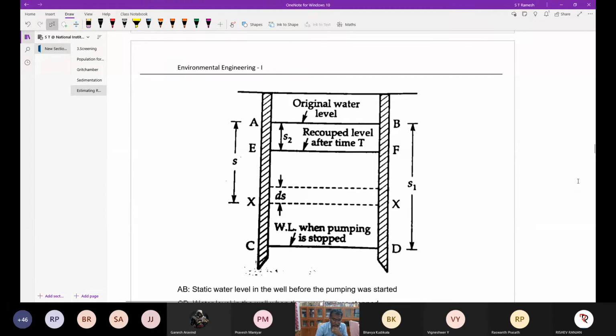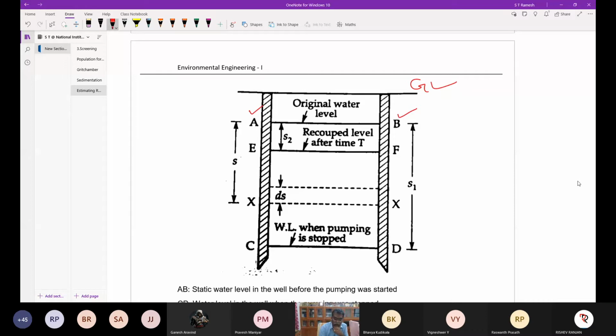You just see that this is your ground level, and below that you have your well. Now look into the diagram. A and B is the original profile of water, the original water level.